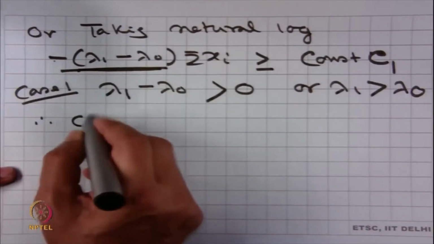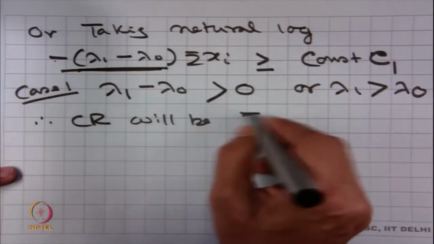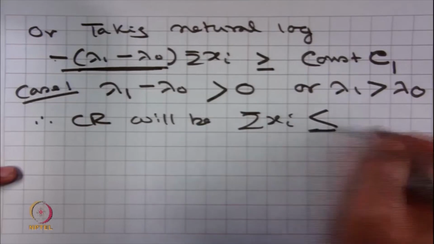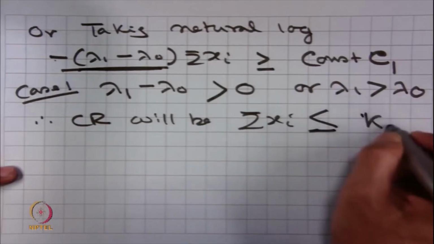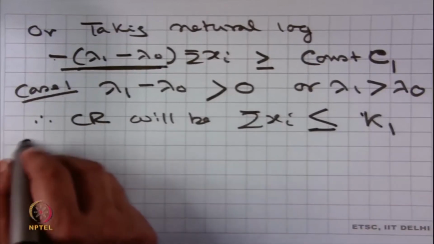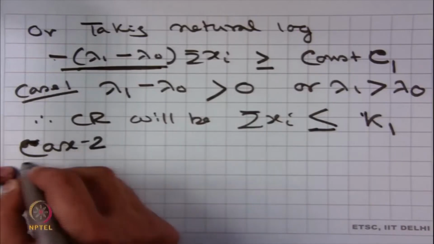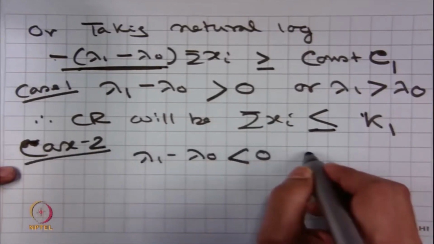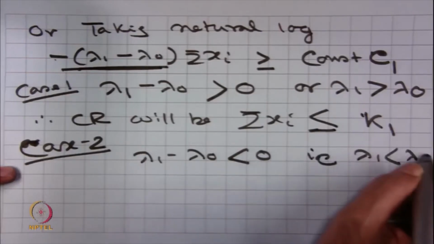Therefore, the critical region will be sigma xi is less than or equal to some constant, say k1. And case 2, lambda 1 minus lambda 0 is less than 0, that is lambda 1 is less than lambda 0.